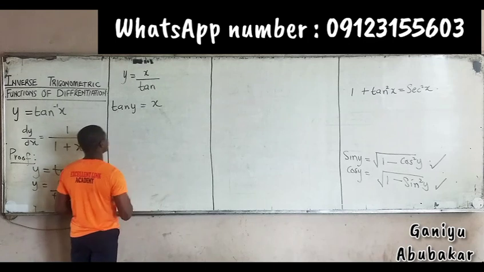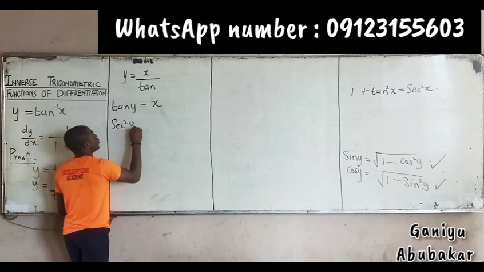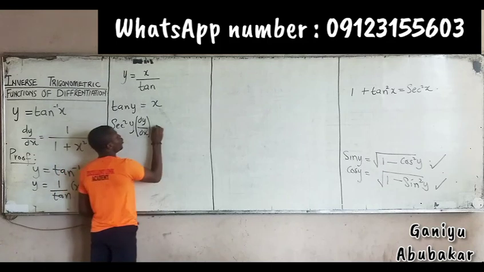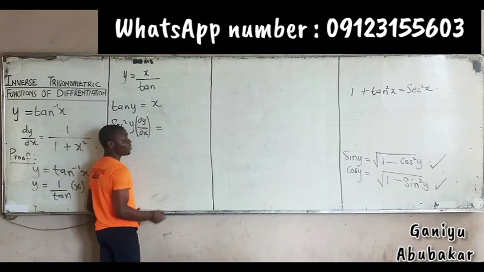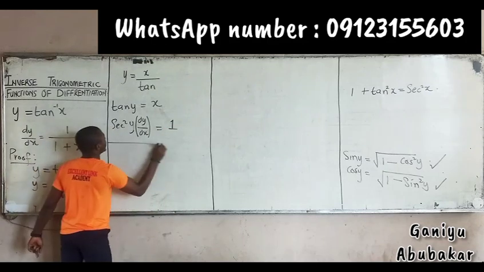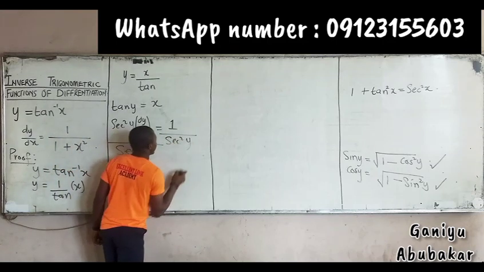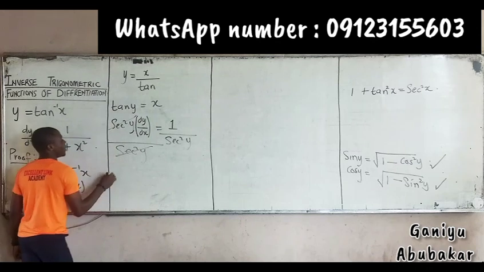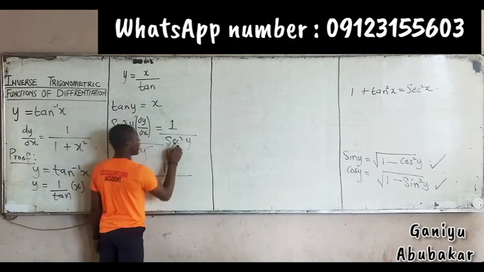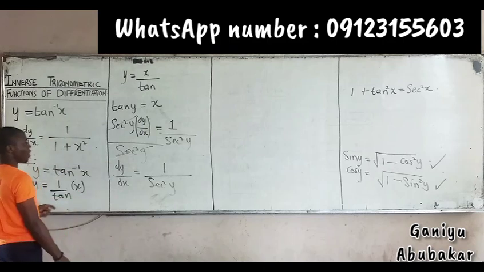For this one, if I differentiate tan y, I'll have sec squared y into dy over dx, is equal to, differentiating x, I have 1. At this point, divide by sec squared y on both sides. I'm left with dy over dx is equal to 1 all over sec squared y.